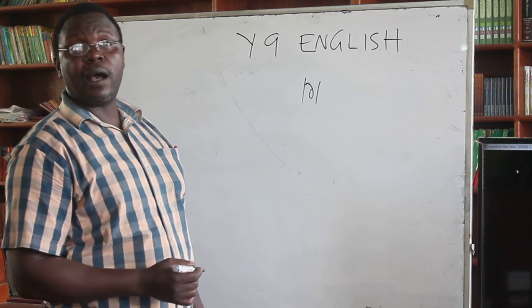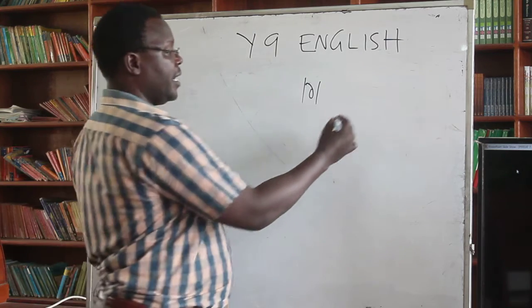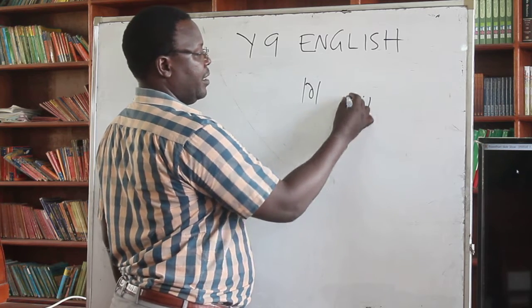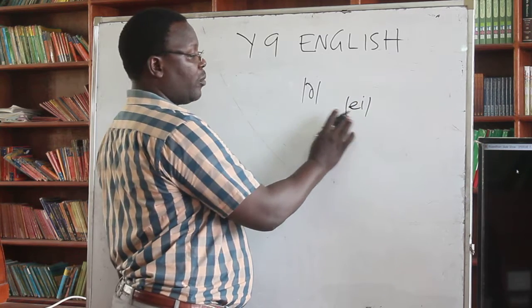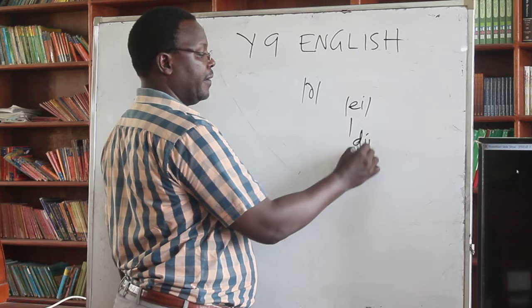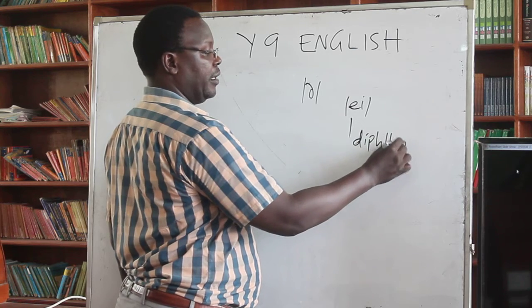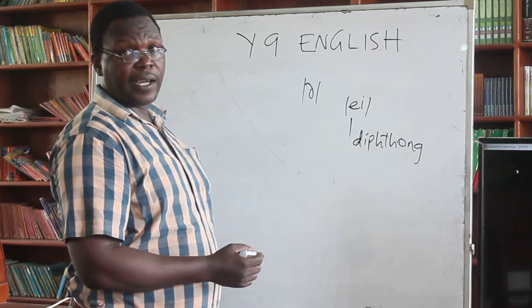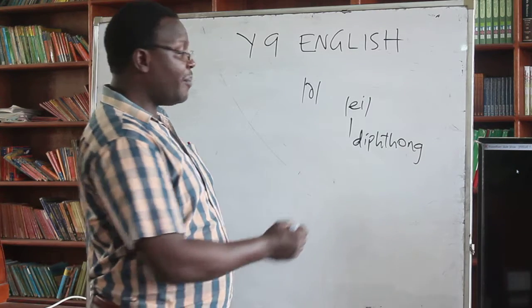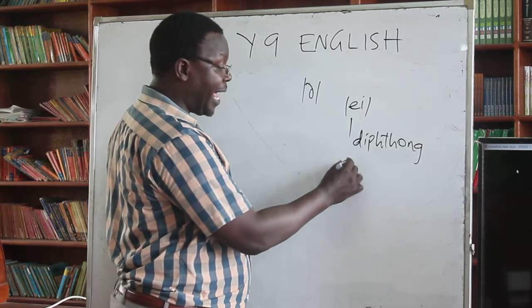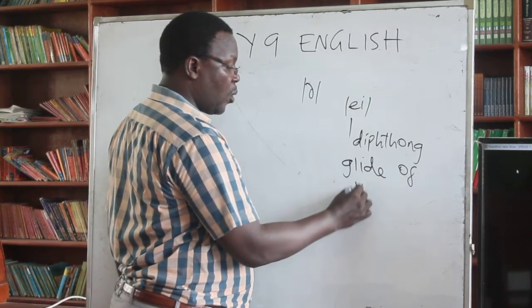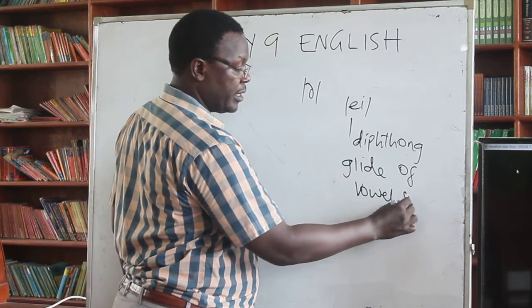Then we have a combination of sounds, like we have in the second there. This in language we call a diphthong. A diphthong functions as a vowel sound, but there is a glide of sound. It is a glide of vowel sound.